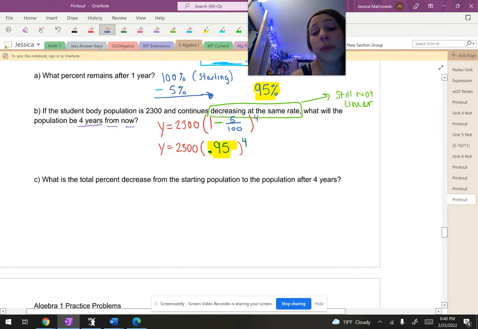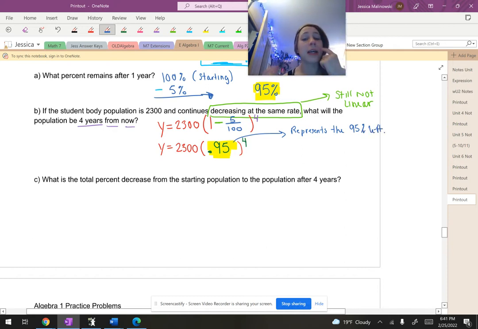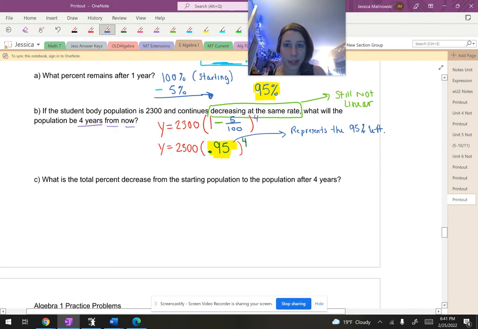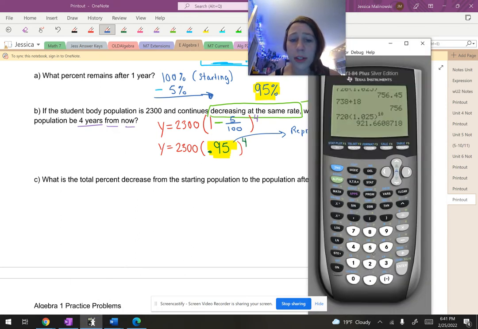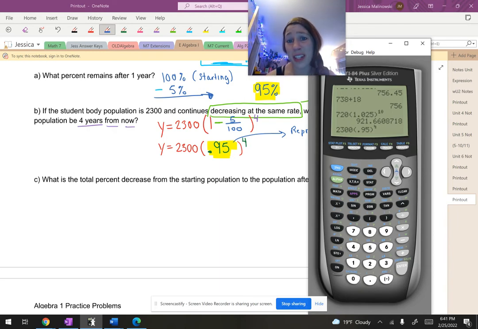That represents the 95% left. Because, again, the 5% is what's being taken off. So we can go ahead and math that. 2,300 parentheses 0.95 caret 4. I also like simplifying a little bit like that because it's easier.